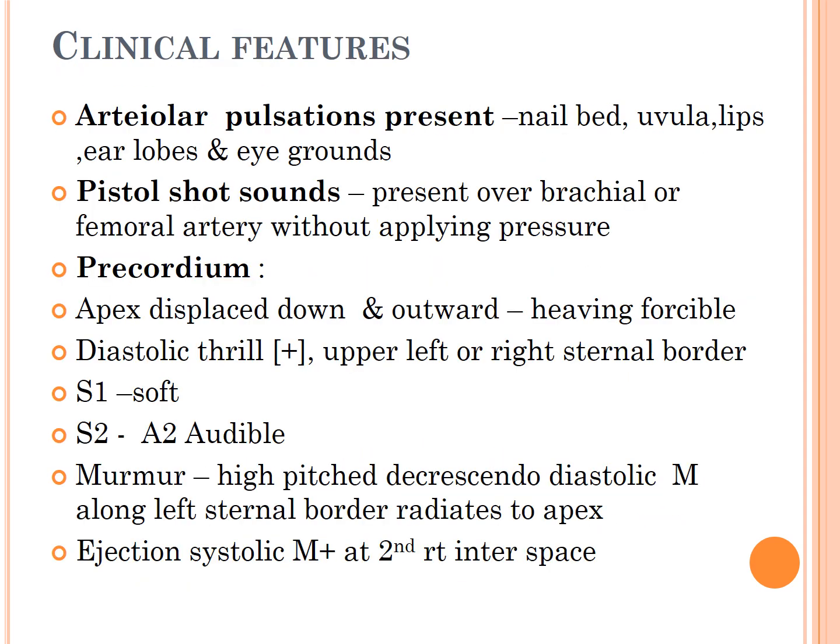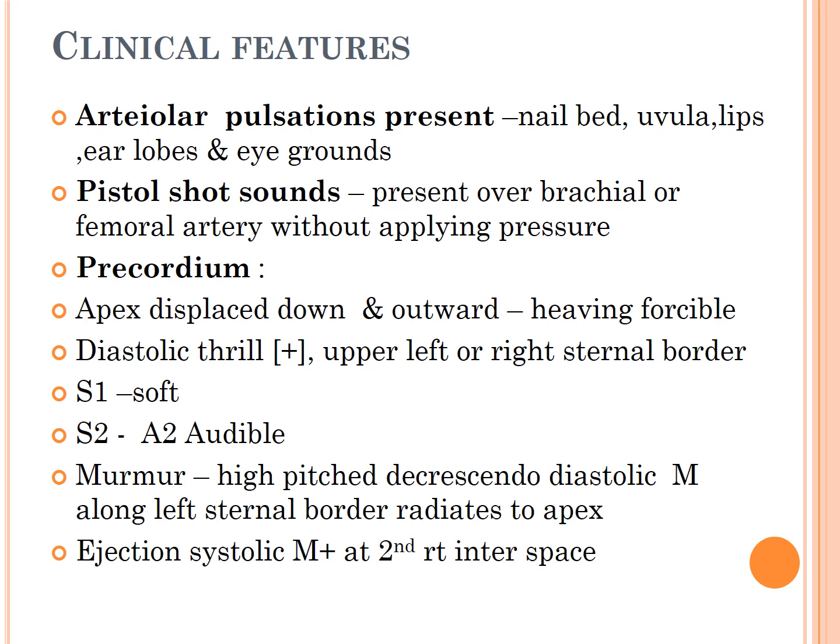Other clinical features are arterial pulsations present in the nail bed, uvula, lips, earlobe and eye grounds. Pistol shot sound is heard over the brachial or femoral artery without applying any pressure. On examination of the precordium in aortic regurgitation, the apex will be displaced downward and outward, and it will be heaving and forcible.